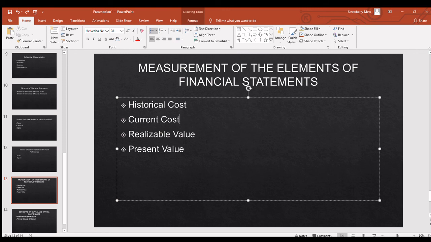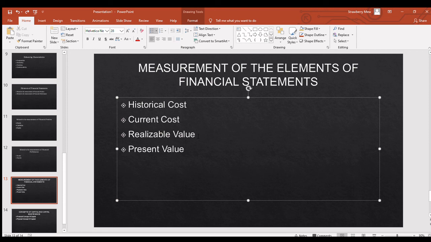Next is the realizable value. It is the cost na makukuha natin kapag ibebenta natin ito using proper procedures, right? So yung equipment na example natin, kapag ibebenta natin today ang equipment na to, pwede nating ibenta ito for 2,000, right?